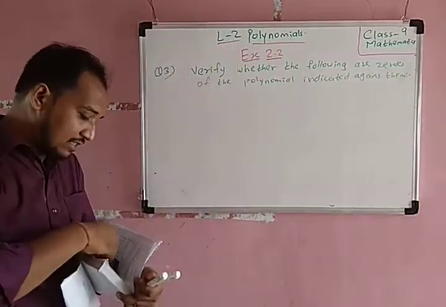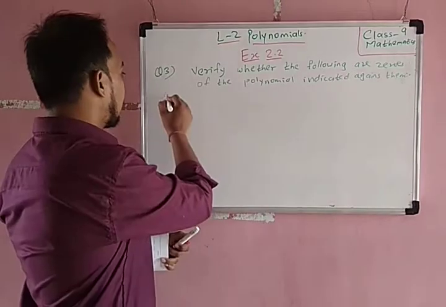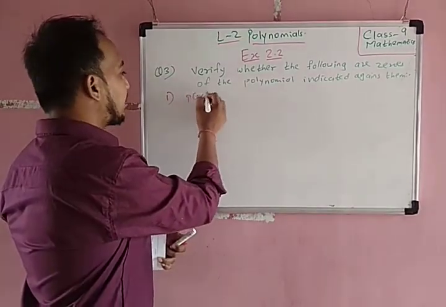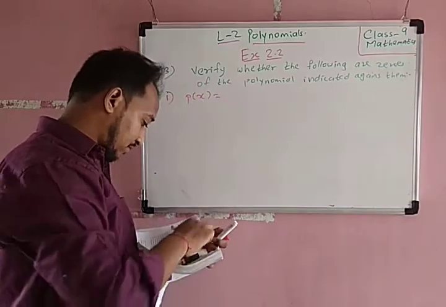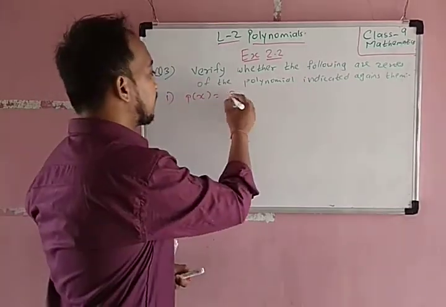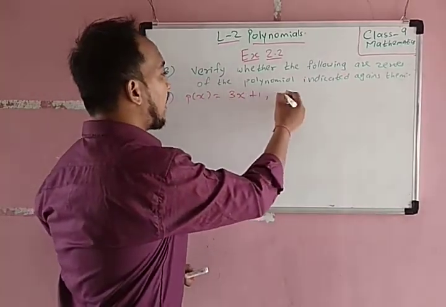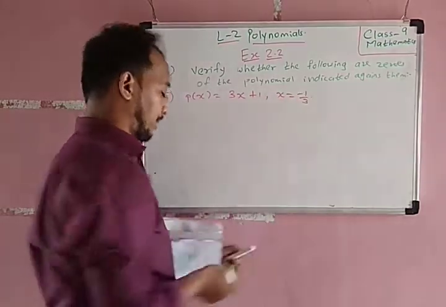So first question is p of x equals 3x plus 1 for x equals minus 1 by 3.